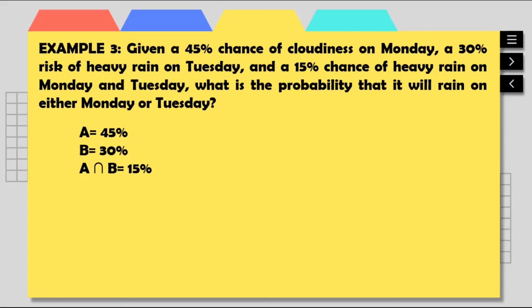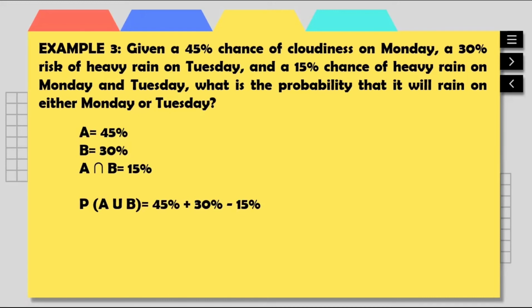So now we have the formula: the probability of getting A union B is equal to the probability of A plus the probability of B minus the probability of A intersection B. So the probability of A union B is equal to the probability of A, which is 45%, plus the probability of B, which is 30%, minus the probability of A intersection B, which is 15%.